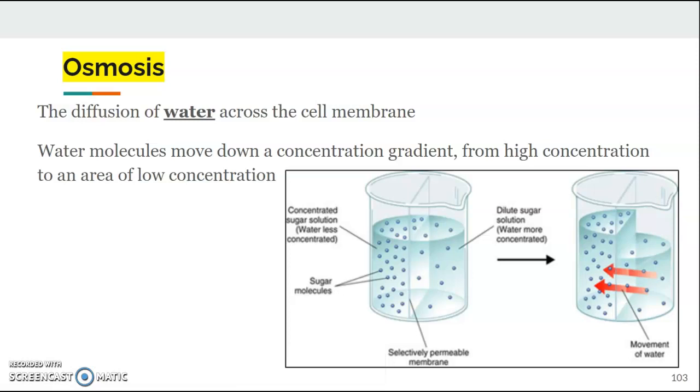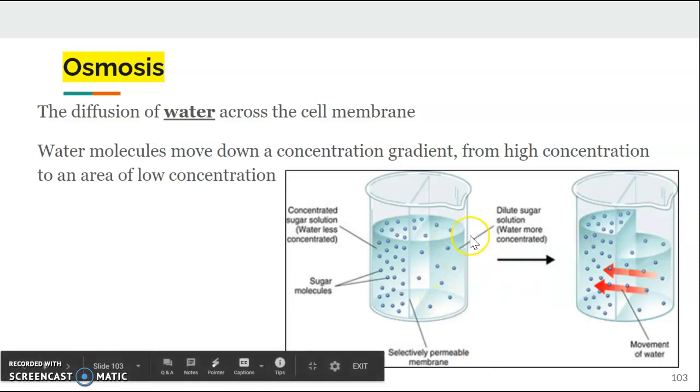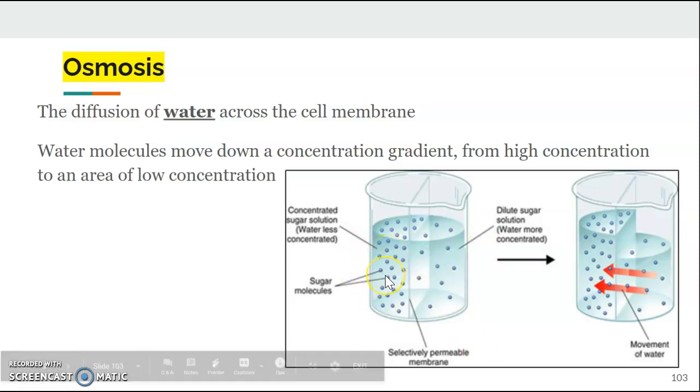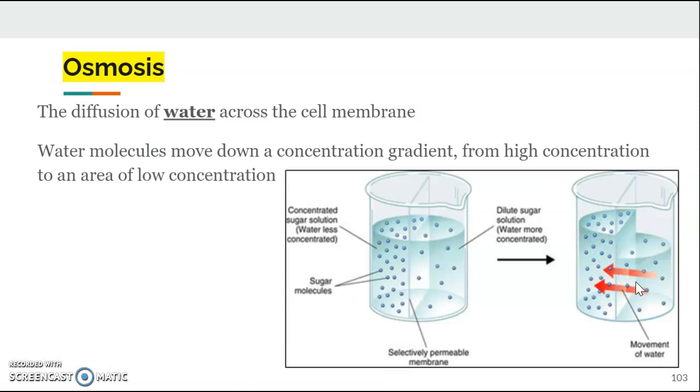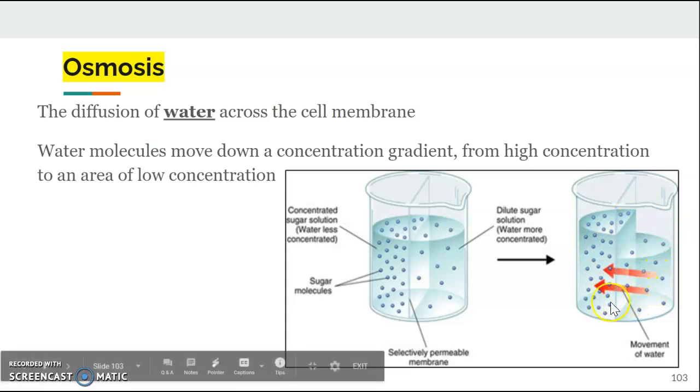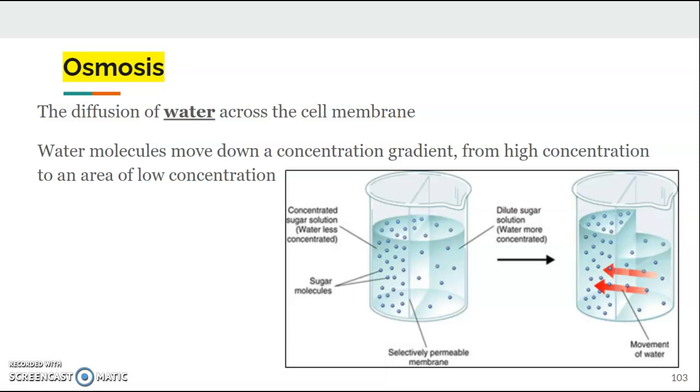So water itself is going to move from the area of high concentration of water molecules to an area of low concentration of water molecules. So eventually you'll look like this and you'll see that what has moved is not the solute, but the solvent. All right, so the water is going to move so that this concentration can be equal on both sides.